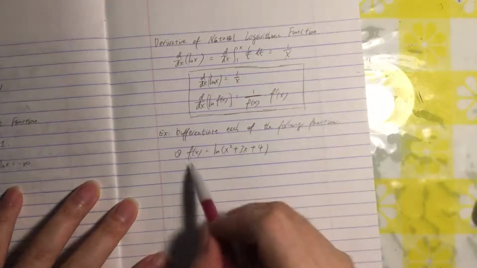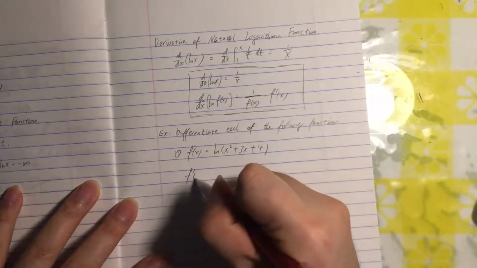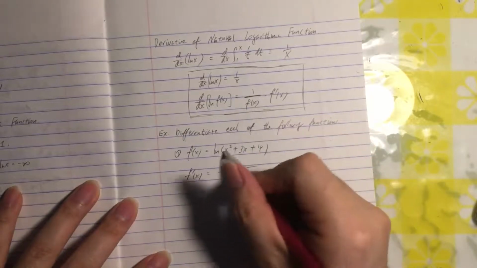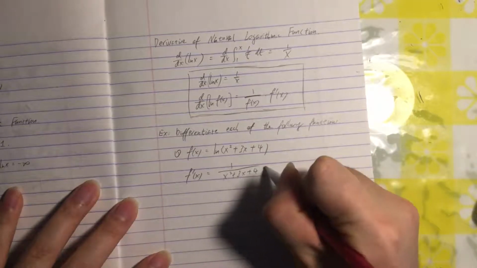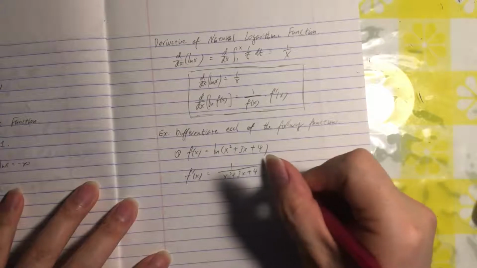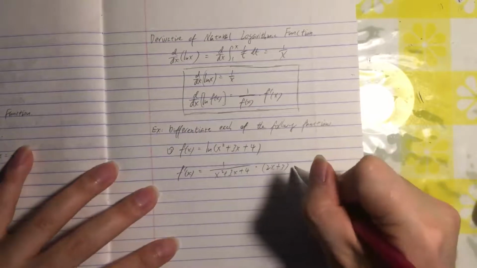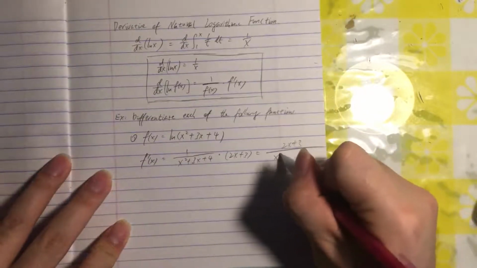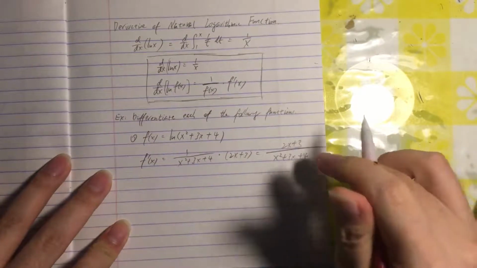This function is in the form of ln of some function inside. So its derivative is 1 over the inside function, times the derivative of the inside function by the chain rule. That's 2x plus 3. So for the final answer, write it as 2x plus 3 over x squared plus 3x plus 4. That's how we take the derivative of this function.